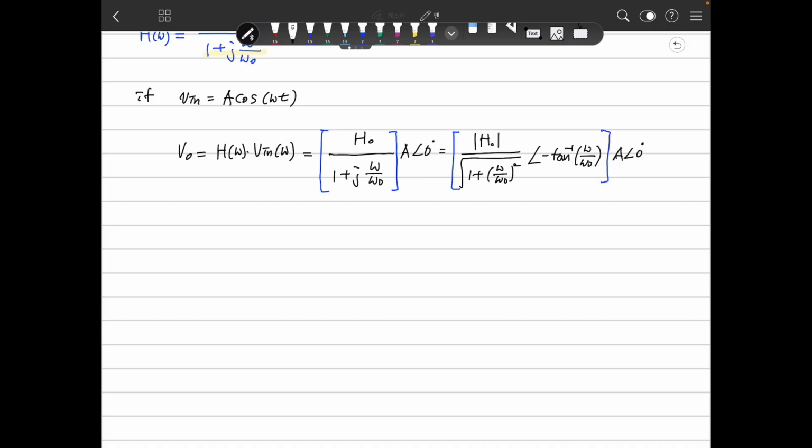So we can rewrite that as the square root of 1 plus omega over omega 0 squared.